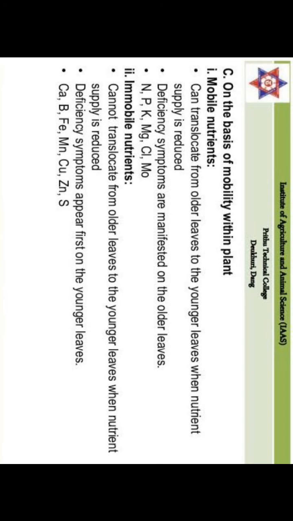Then immobile nutrients cannot translocate from older leaves to the younger leaves. When supply is reduced, deficiency symptoms appear first in the younger leaves. These are the different mineral nutrients: Ca, B, Fe, Mn, Cu, Zn, S.